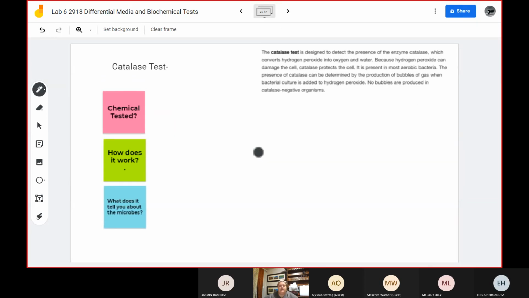So the first test we're going to talk about is the Catalase Test. The Catalase Test is testing for the catalase enzyme. The catalase enzyme is what breaks down H2O2, which is hydrogen peroxide, to H2O and oxygen.